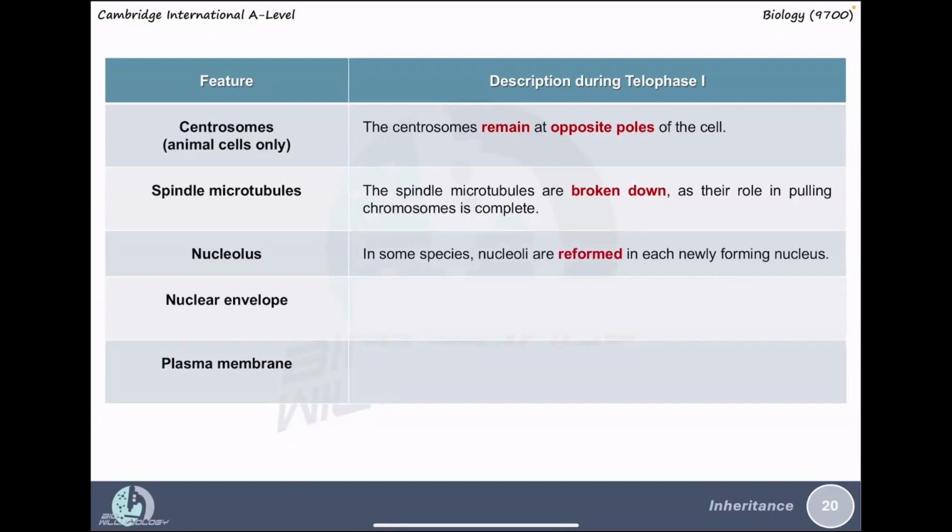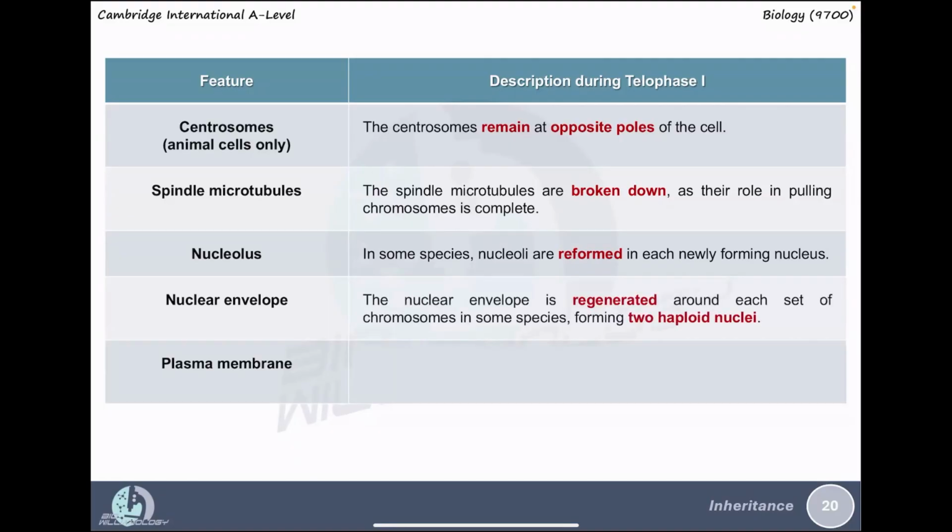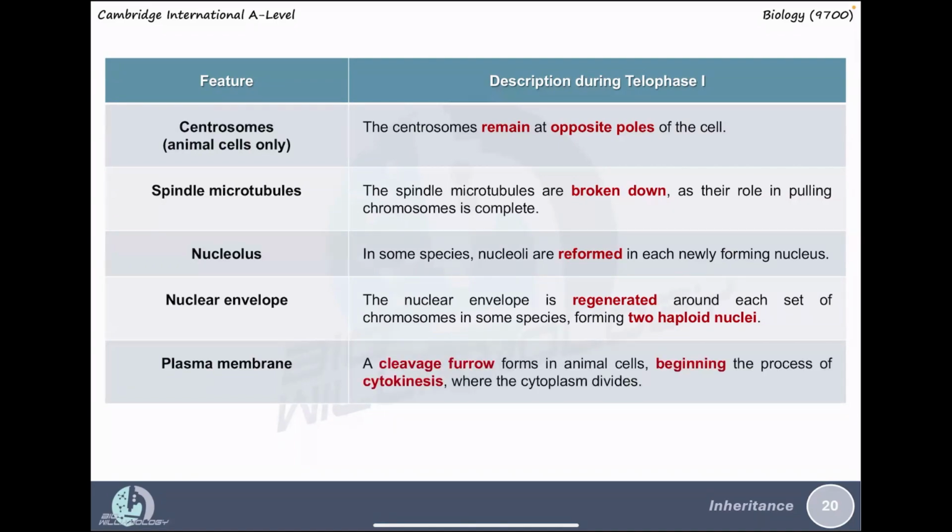In some species, nuclei are reformed due to the uncoiling of the chromosomes to form chromatin, and the nuclear envelope is regenerated around each set of chromosomes, forming two haploid nuclei. Also, cleavage furrows form in animal cells, beginning the process of cytokinesis, where the cytoplasm divides.